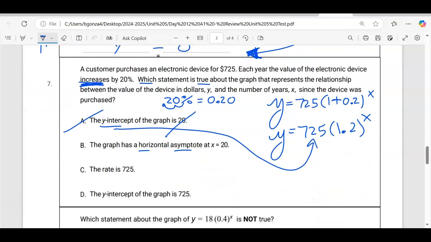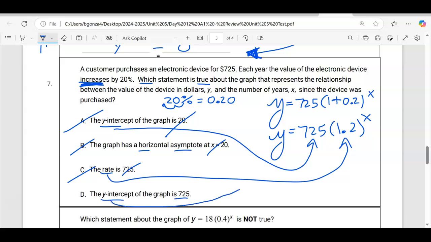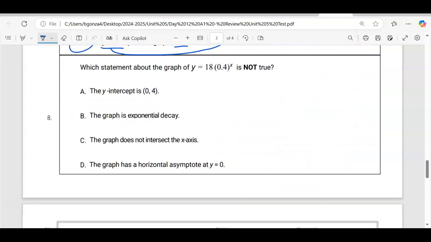So it's definitely not x equals 20. No. The rate is 7.25. Now remember, the rate is supposed to be right here. That is not 7.25. So is the y-intercept 7.25? Well, yeah, y-intercept is supposed to be this, 7.25. That's good. Okay, so please be careful when you're doing this.